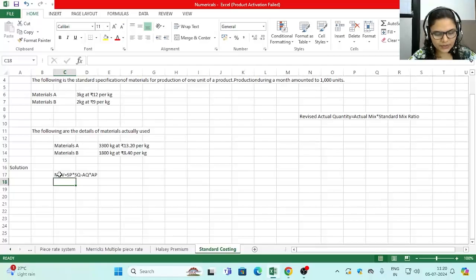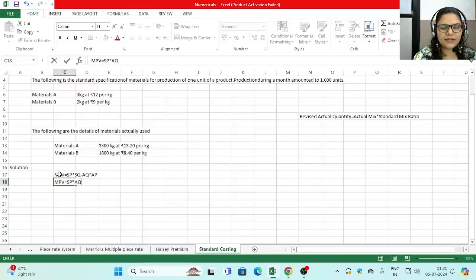Next, for material price variance, that is MPV is equal to SP into AQ minus AP into AQ.